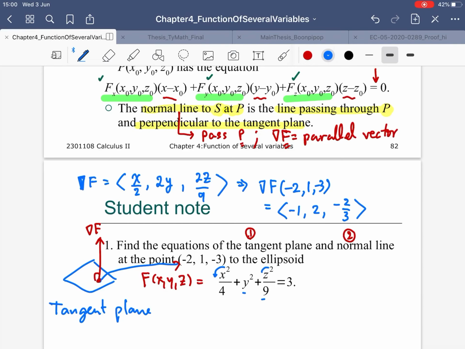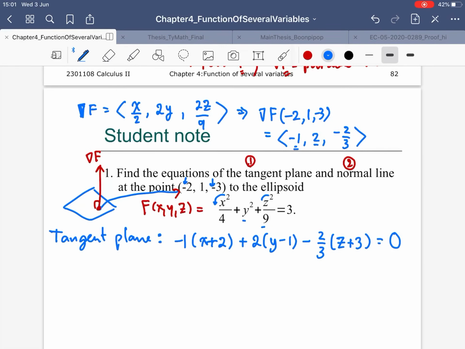So the tangent plane is simply: -1 times x minus the point it's passing through, which is now negative, so x plus 2, and then plus 2, the second component of your vector, times y minus 1, and the third component, -2 over 3, times z minus -3, so z plus 3, equals 0.